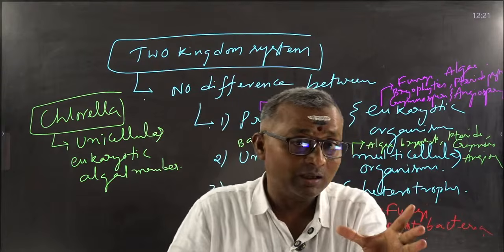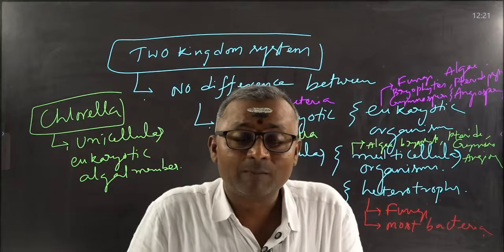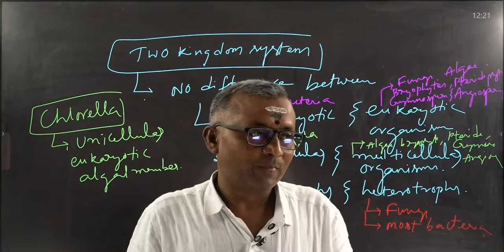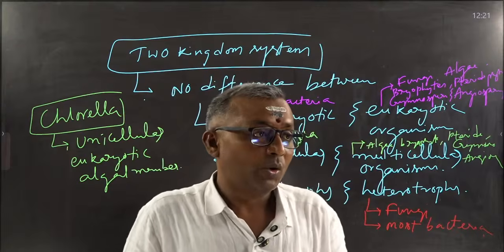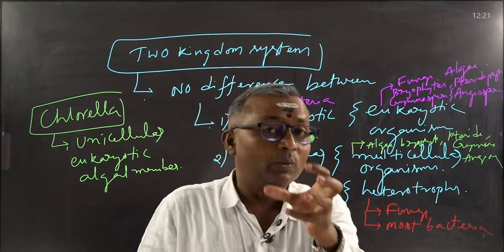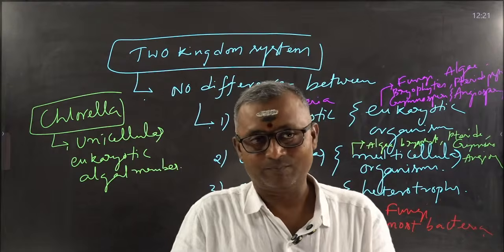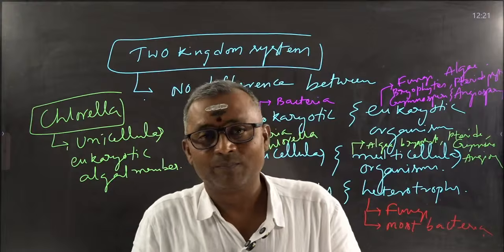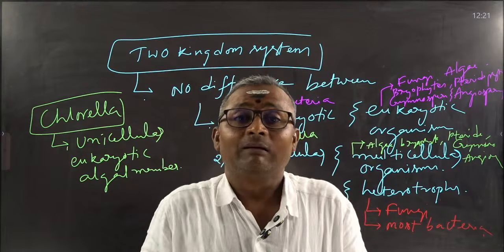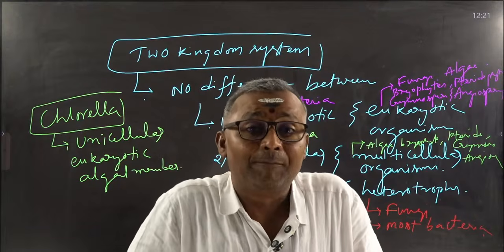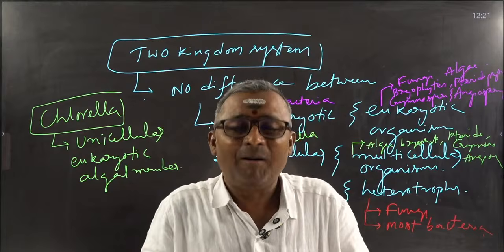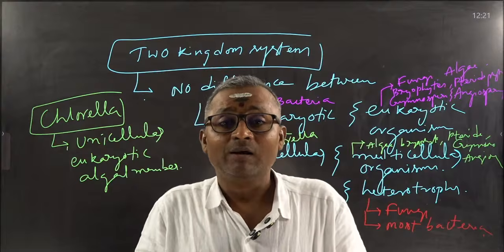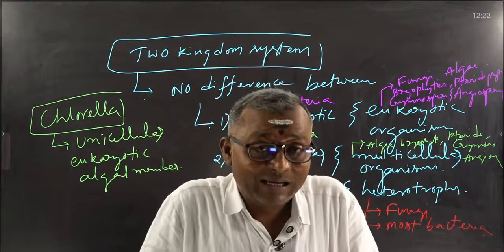So with this, I think you are very clear that if you make any classification by taking only one or few characters into consideration, definitely such classifications become more complex and more confusing.